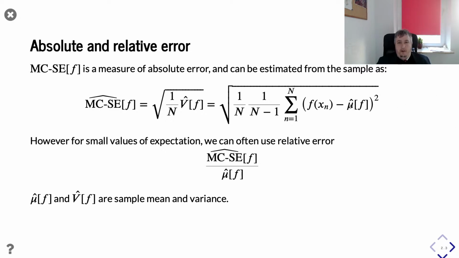So we have estimated the mean, and we can also estimate the Monte Carlo standard error. All those values can be directly estimated from our samples using the sample mean and variance of the function values computed using the computed samples.